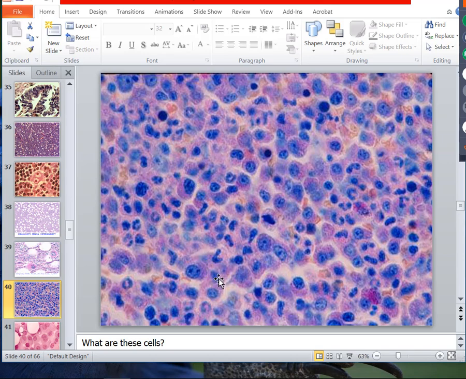You don't really have to look at too many plasma cells to realize that this bone marrow is almost all plasma cells. So you would call that an uncontrolled proliferation of plasma cells, also known as multiple myeloma.